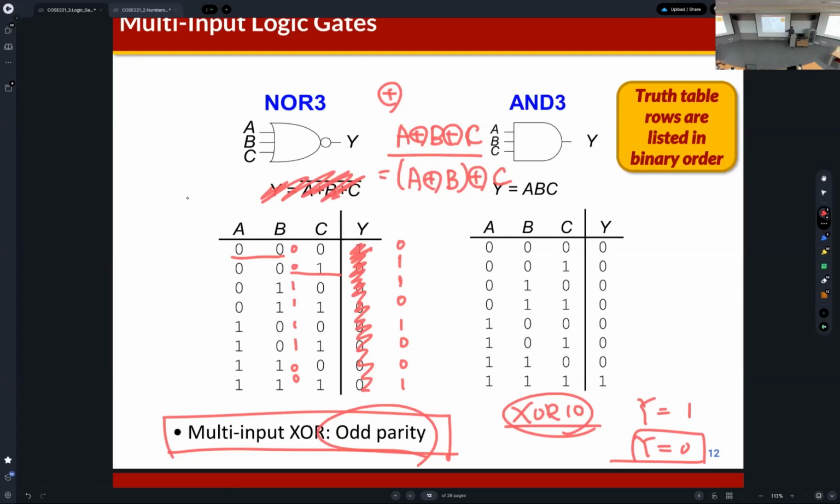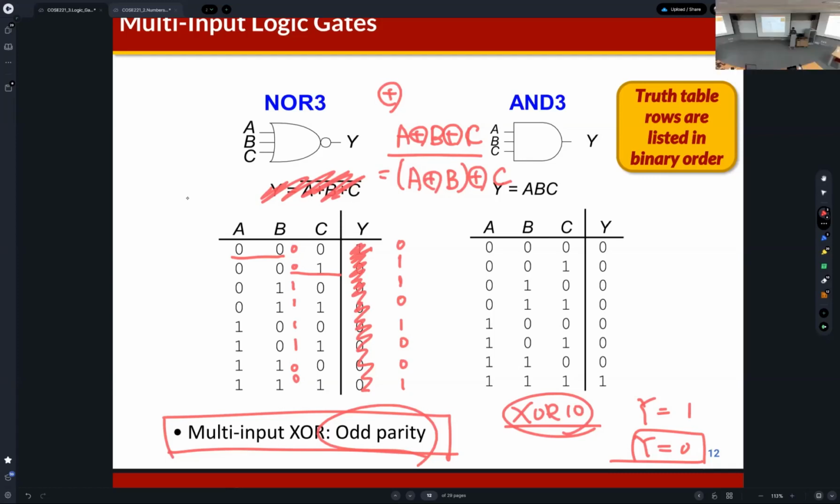Do you understand? Okay. So if an exclusive OR has multiple inputs, we can just count the number of ones, and if the number is odd, then the output of the multi-input exclusive OR becomes 1. But if not, then the output becomes 0.